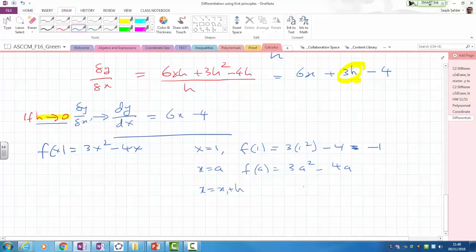What do I substitute in? x plus h. Which will then give us 3 times (x plus h) squared, take away 4 times (x plus h). And that's all that's happened.